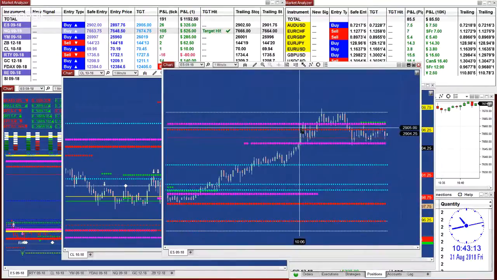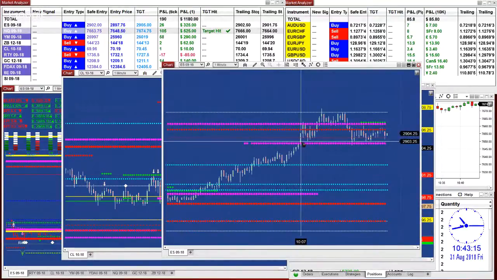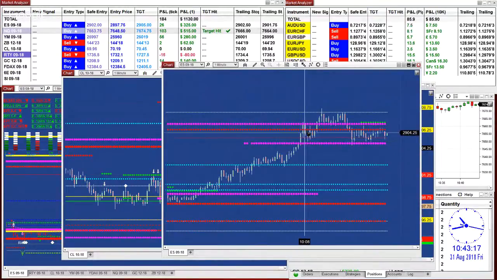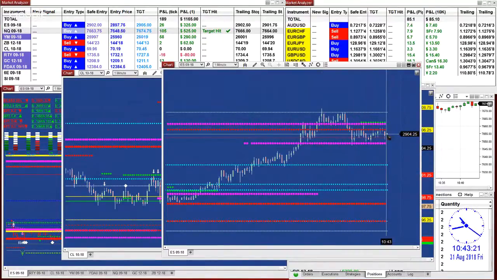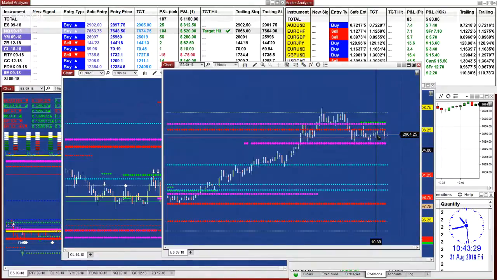If we look at this ES, we started the chop at 10:07, and we have never been able to get out of that chop. So how much do you want to invest on the ES when you find out it is getting stuck in this area here? How much are you willing to invest on it?